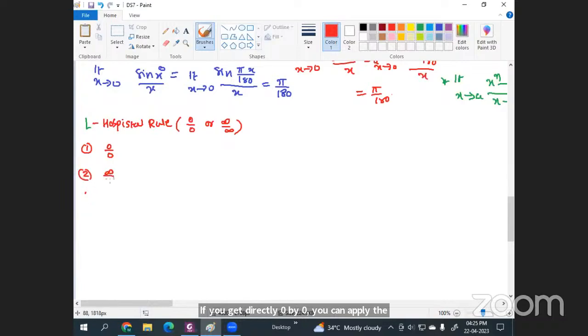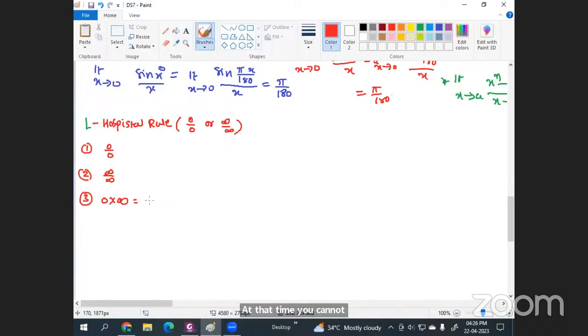And you may get 0 into infinity. At this stage, you cannot apply the L'Hopital rule. So when we can apply it means this 0 into infinity, I have to bring it to 0 by 0 or infinity by infinity. At that time, you can apply the L'Hopital rule.